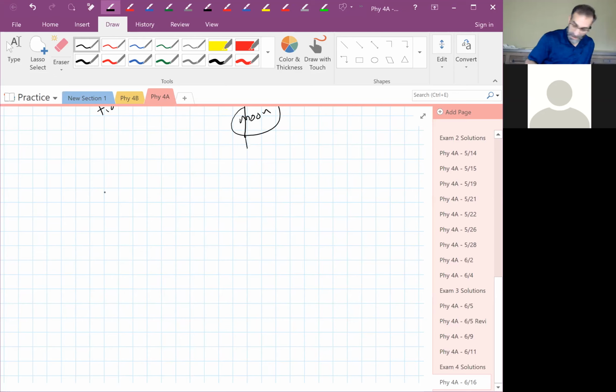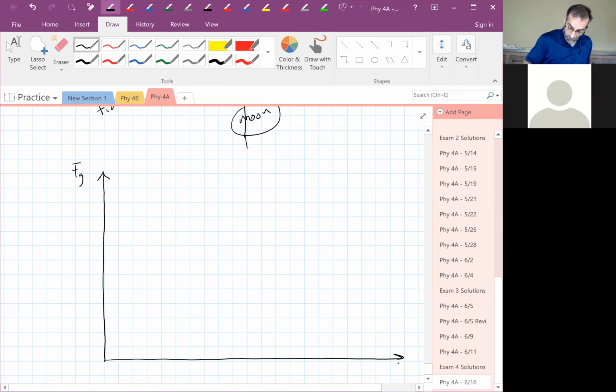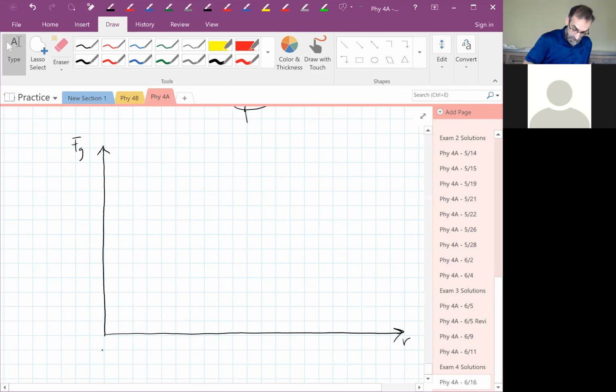If we were to plot force of gravity versus distance. And so we're at the surface of some object. Let's call it F0. At the surface of an object, we measure a certain force of gravity.